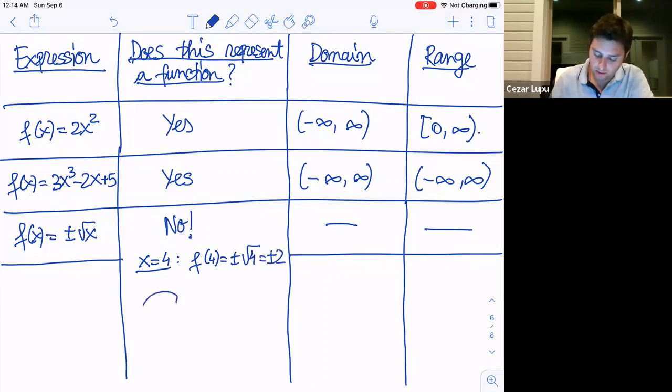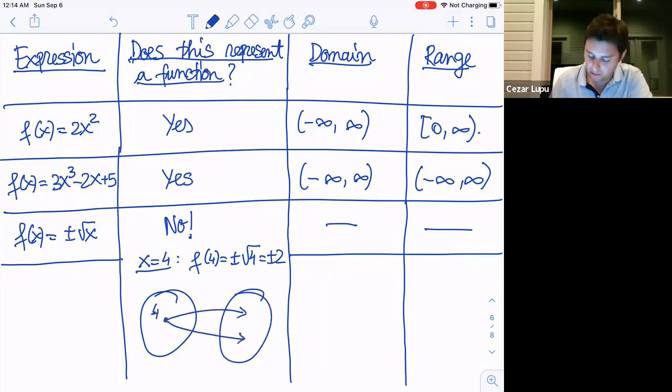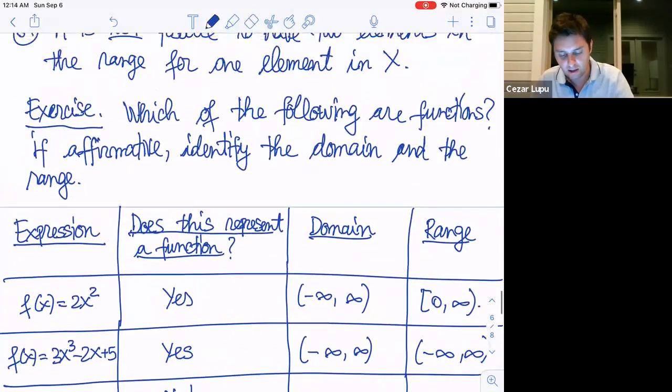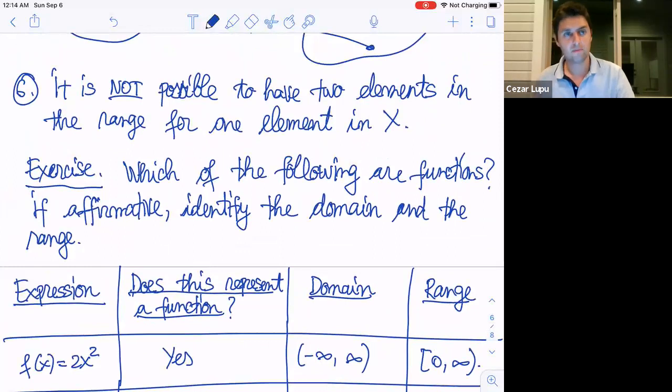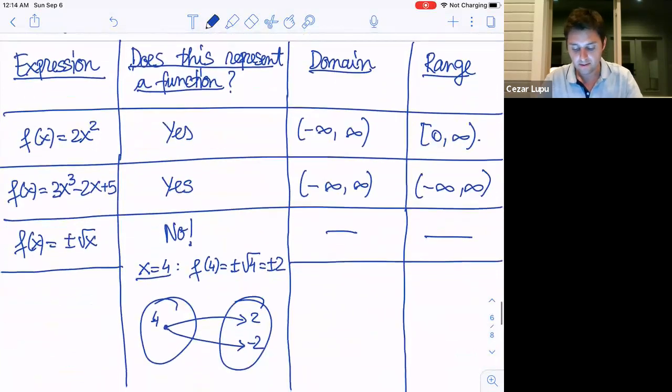In other words, you take this value 4 in the domain, and you send it to two values in the range, which are 2 and negative 2. That cannot happen. This clearly contradicts remark number 6, where we said that it is not possible to have two elements in the range for one element in the domain. So keep that in mind. This is important.